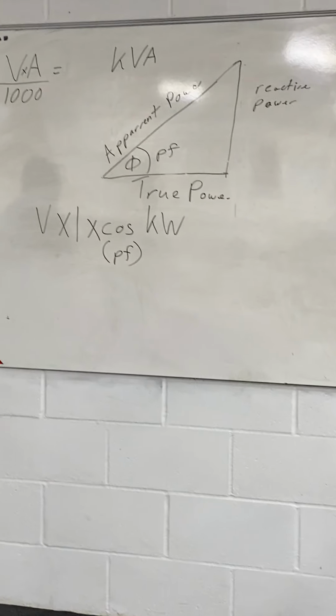Impedance. Impedance will cause it. What's this thing here? Yeah, PF, the power factor. Our cosine. So to work out our wattage, it's voltage times current times cosine.